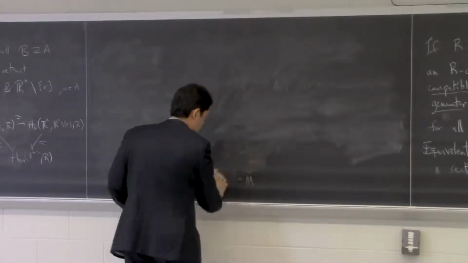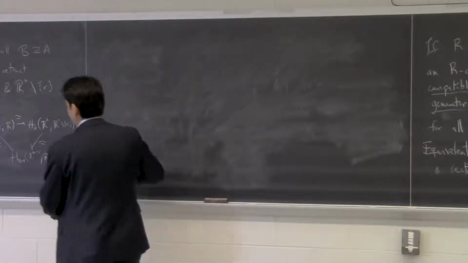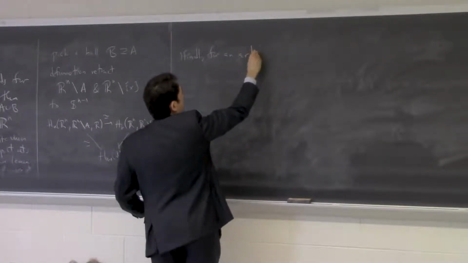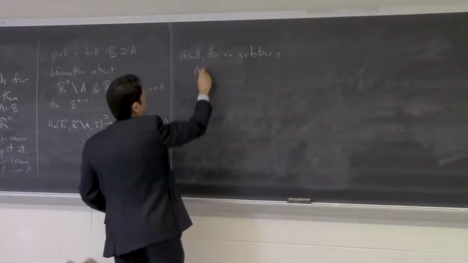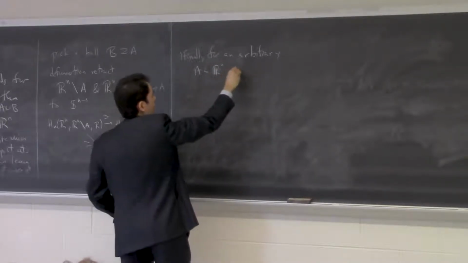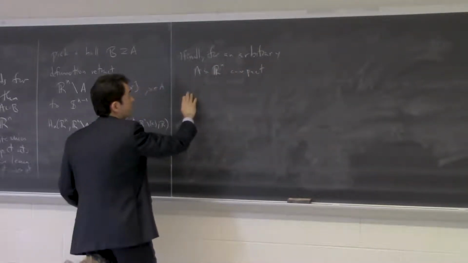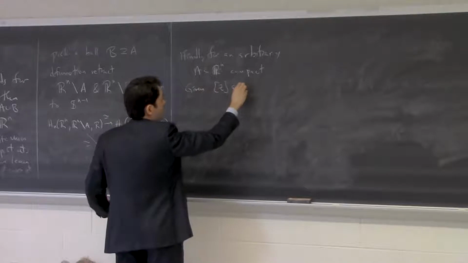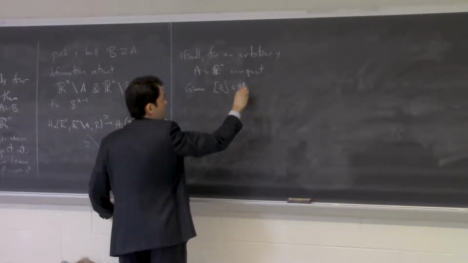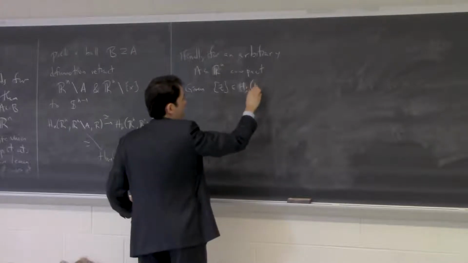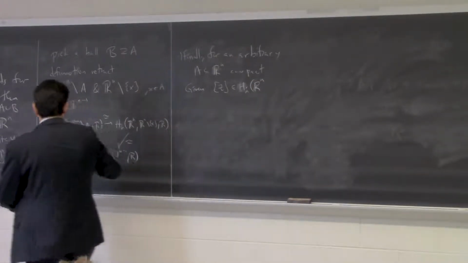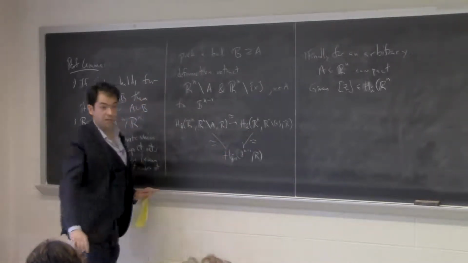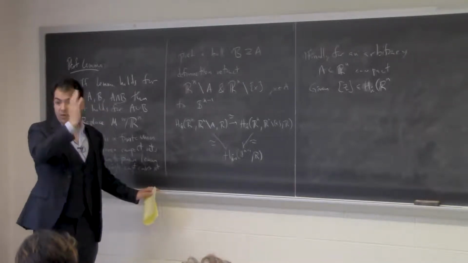So now, finally, for an arbitrary compact A in Rn, consider a class inside the homology of Rn. Sorry, this is actually true for all i. I need it true for all i because the lemma is not just about the top group, it's also about all of the ones above.